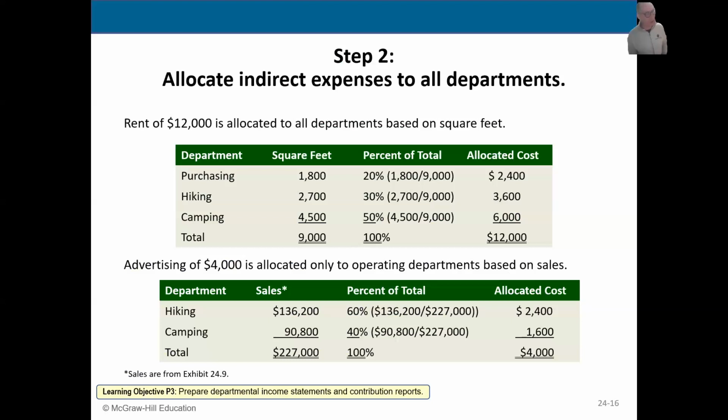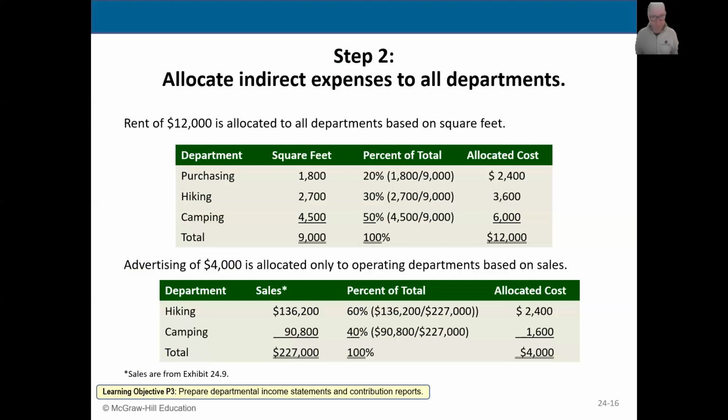We cannot allocate an expense like advertising that's a result of sales to a service department. The way that works is it's based off of the percentage of sales. Marketing department sales were 136,200 out of a total 227,000 in sales.